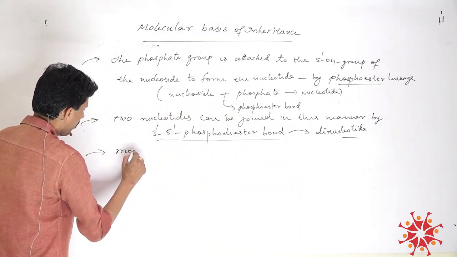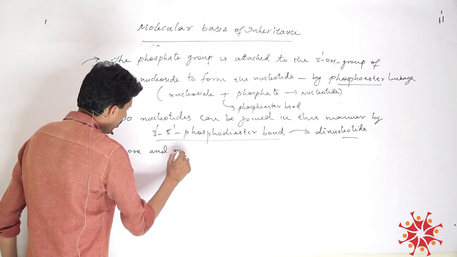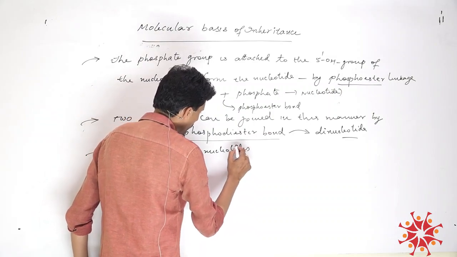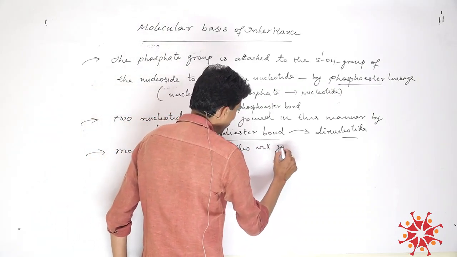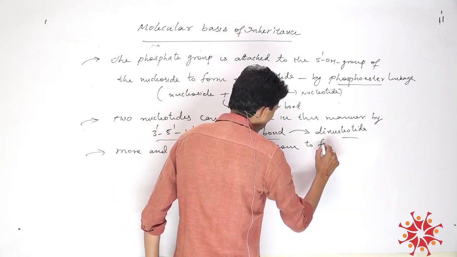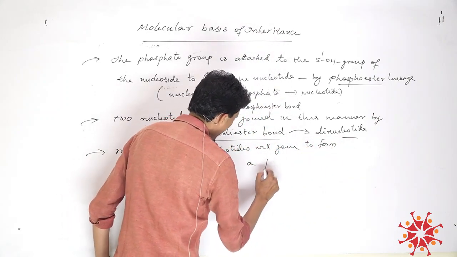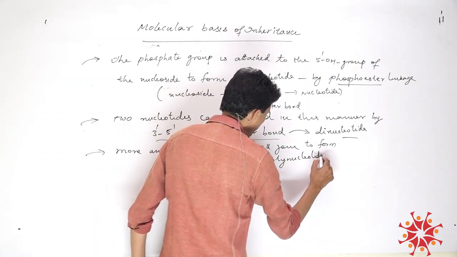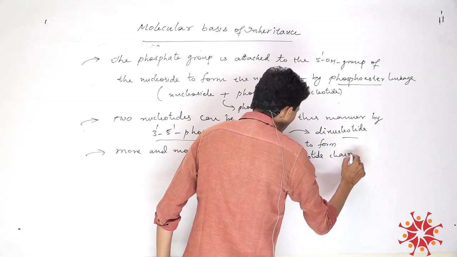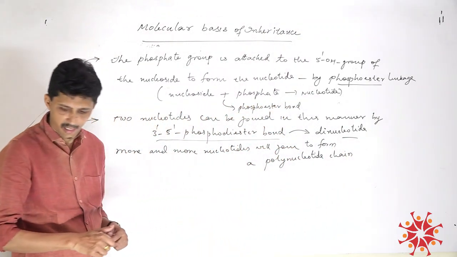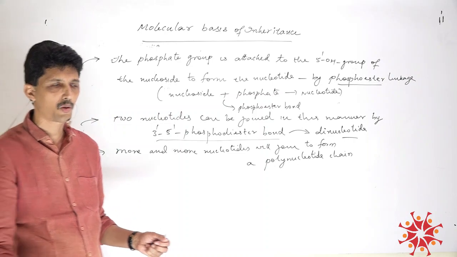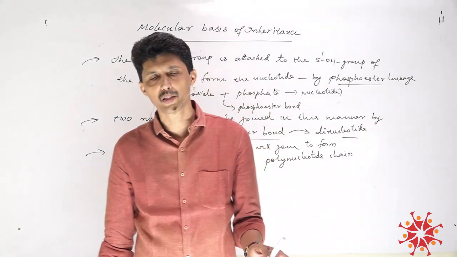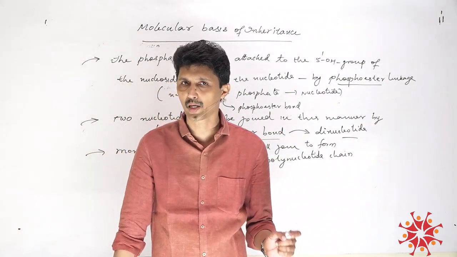Now more and more nucleotides will join to form a polynucleotide chain, right? So what we have seen is how a nucleoside is formed, and how the nucleotides are joined to form a polynucleotide chain.